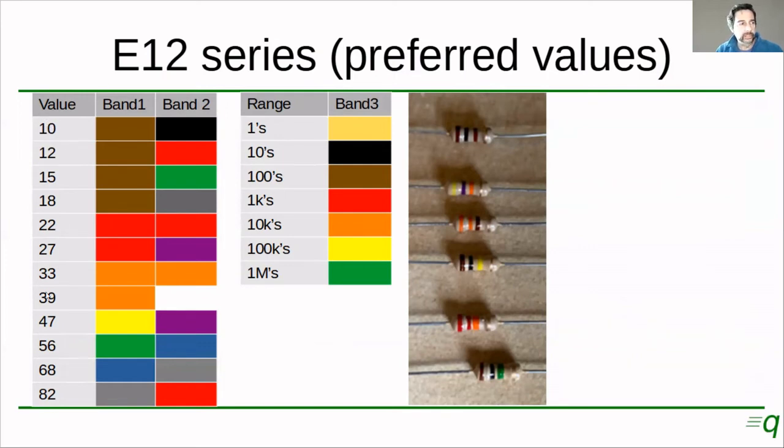For these 12 values here, we have the colors. So 1, 0 is brown, black, 1, 2 is brown, red, and so on. As you can see, not all the combinations are possible, right? And that makes it easier to read.